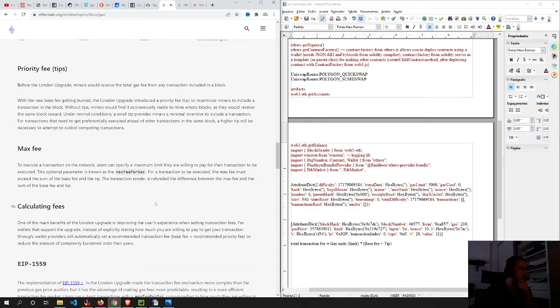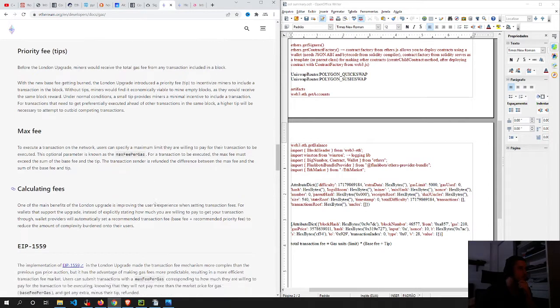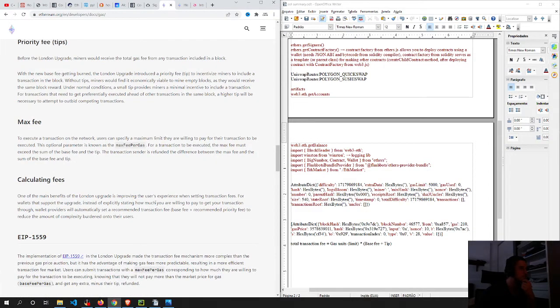Without tips, miners would find it economically viable to mine empty blocks, as they would receive the same block reward. Under normal conditions, a small tip provides miners a minimum incentive to include a transaction. For transactions that need to get preferentially executed ahead of other transactions in the same block, a higher tip will be necessary to attempt to outbid competing transactions.